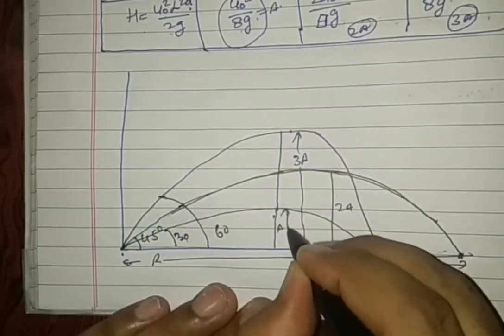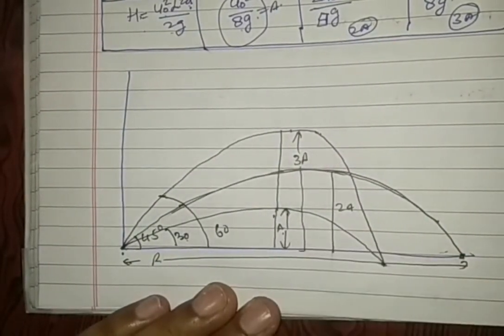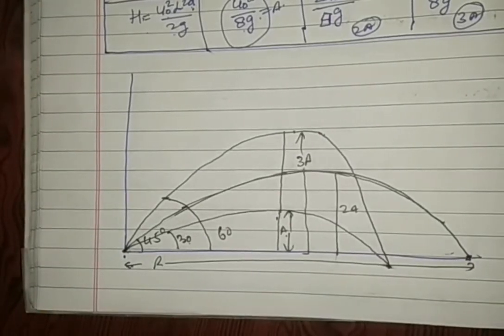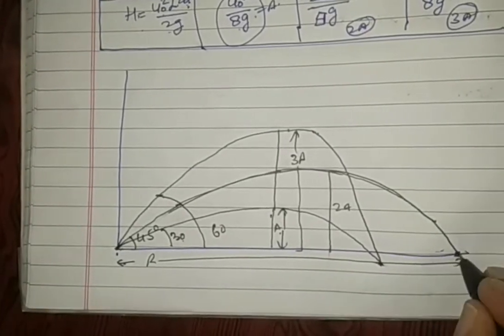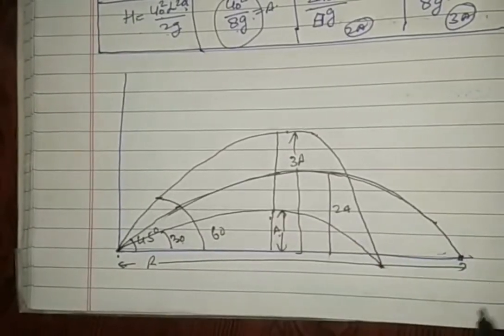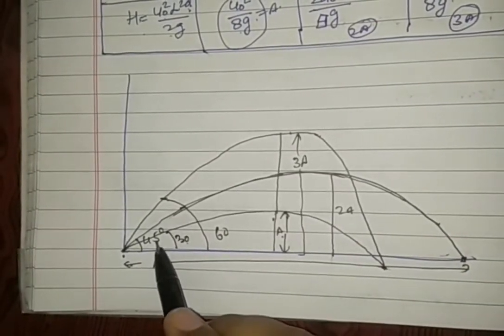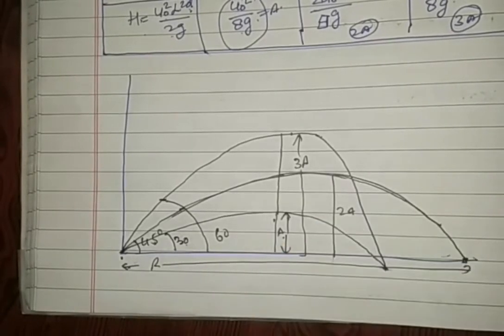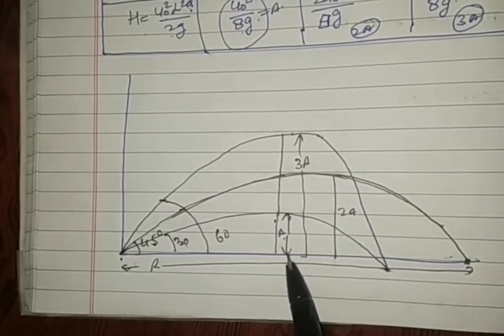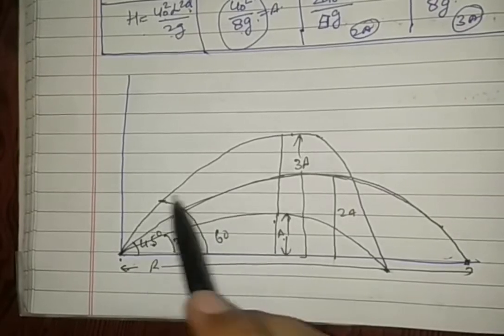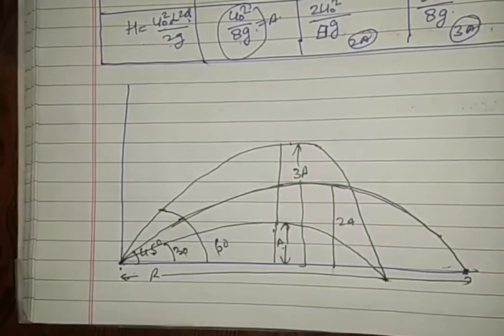A is from here to here. So in a case when we want to go for a long jump, we must keep our angle 45, and when we go for a higher jump, the angle of projection must be 60 degree.